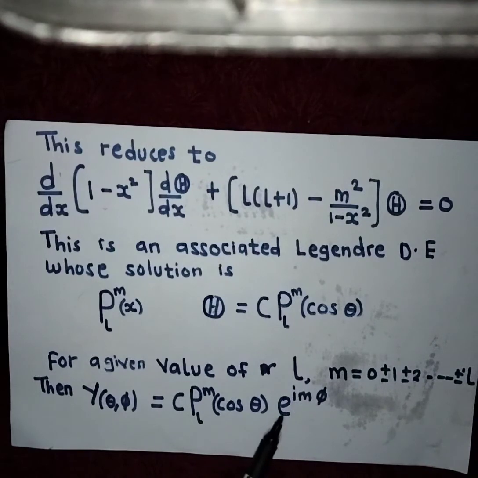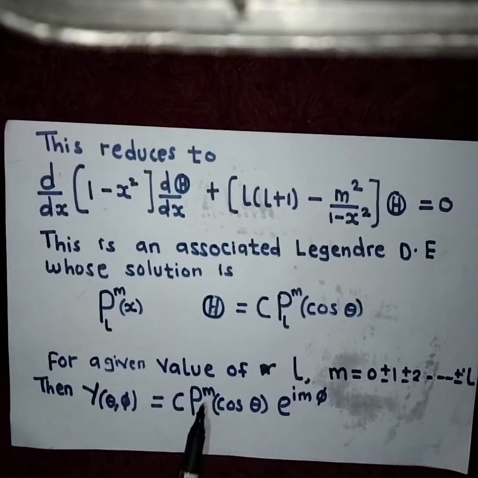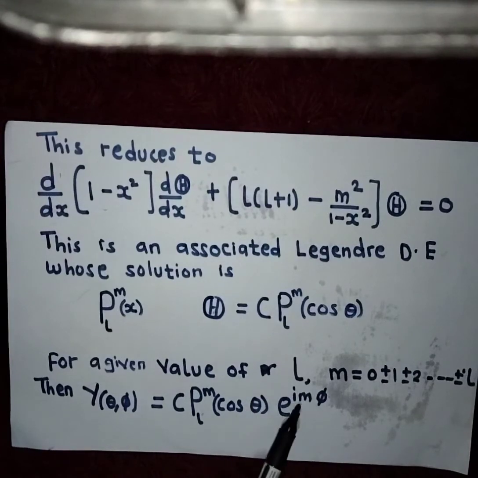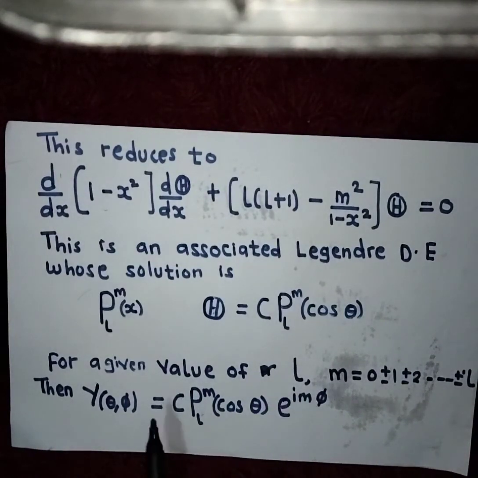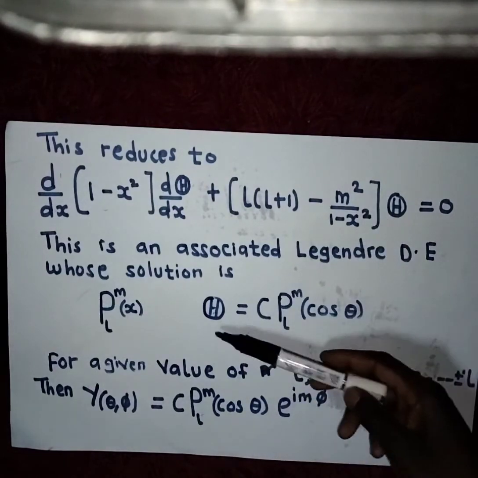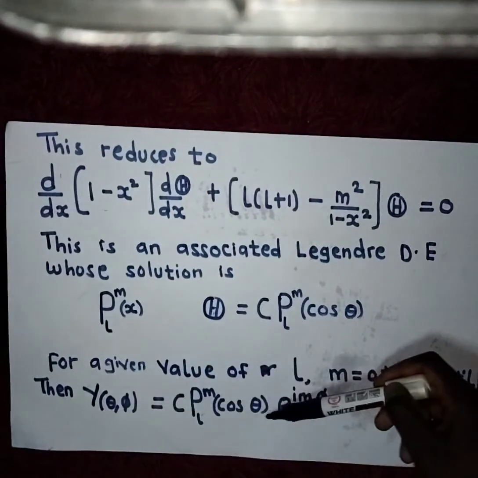Remember phi was this, and theta is this one. Then the constant of integration is that. So the spherical harmonics is given as this: C P_L^M(cos theta) exponential i m phi. So this is what I have as my theta pattern there. I have the spherical harmonics.